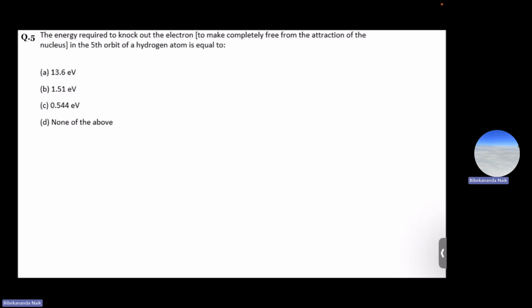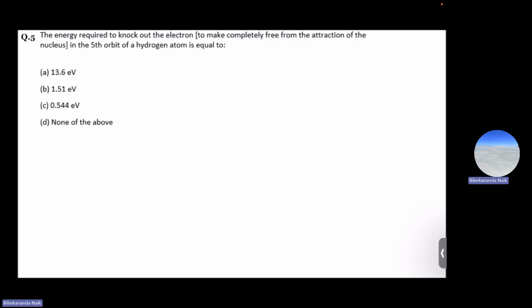Now question number 5. Question number 5 says the energy required to knock out the electron, that is to make the electron completely free from the attraction of the nucleus in the fifth orbit of a hydrogen atom is equal to option A 13.6 electron volt, option B 1.5 electron volt, option C 0.544 electron volt, or option D none of these.